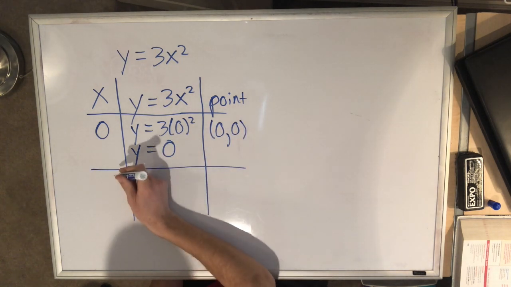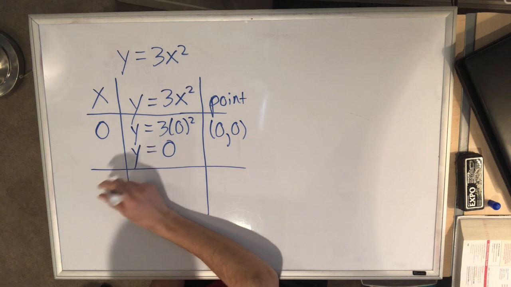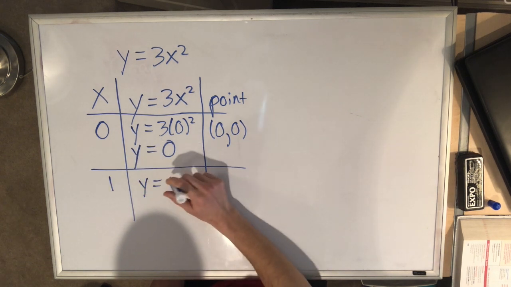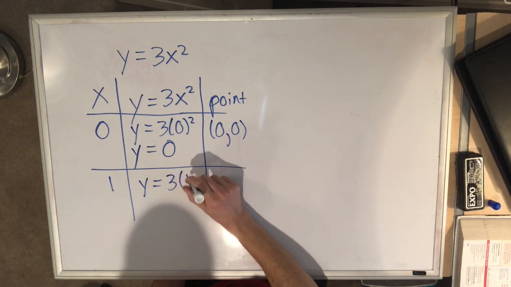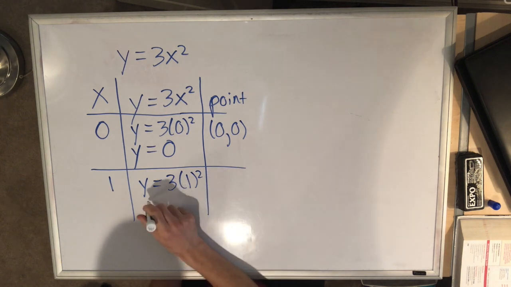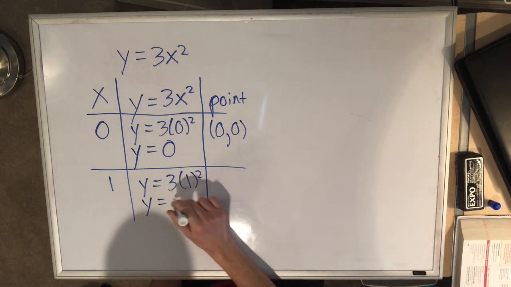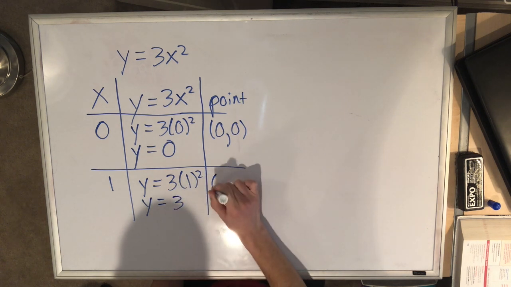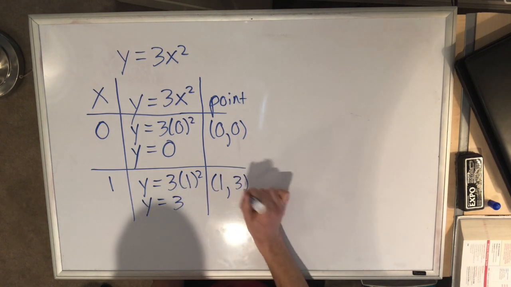The next most convenient number to substitute in for x is usually 1. So let's do that. y equals 3 times 1 squared. 1 squared, 1 times 1 is 1. So that's 3 times 1, which is 3. That gives us the point 1 comma 3.